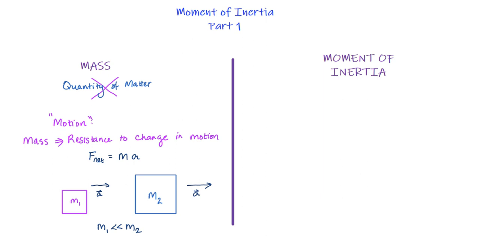My experience hopefully would tell me that mass 2 offers a lot greater resistance than mass 1 does, which means that if I want to achieve the same acceleration, I'm going to have to apply less net force on this side than I am on that side. Here I will need much more net force than I might need over here.